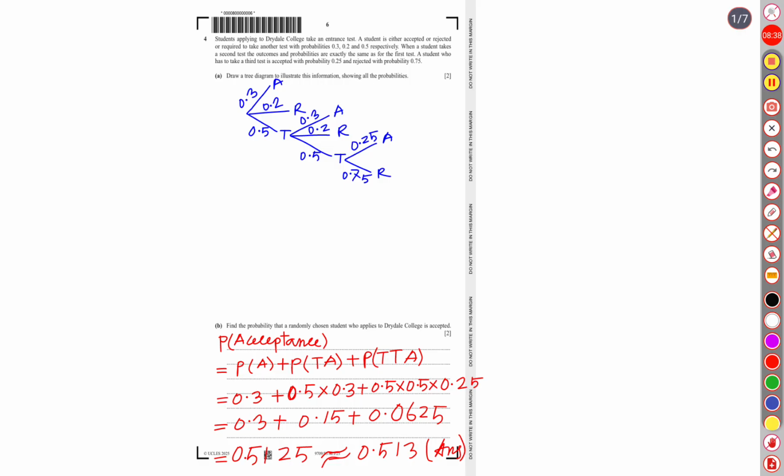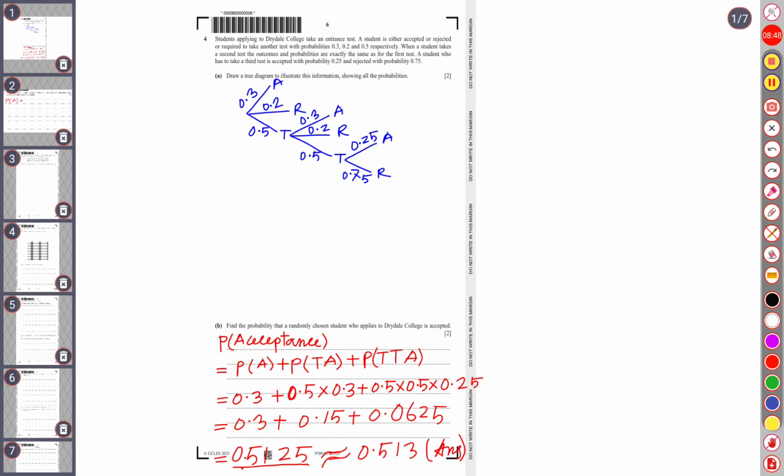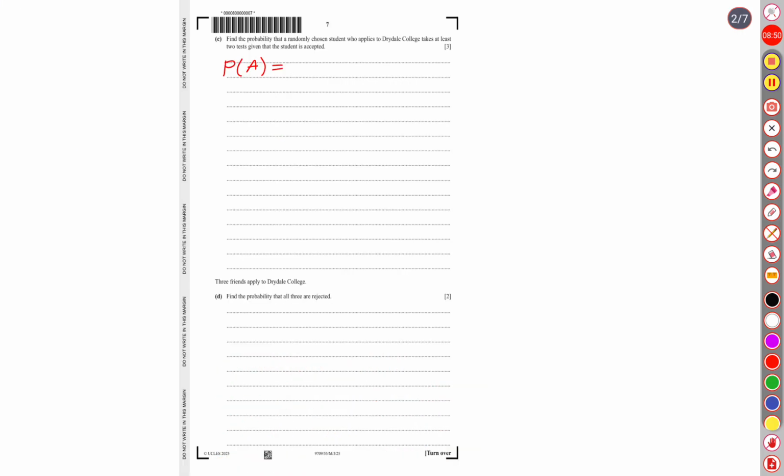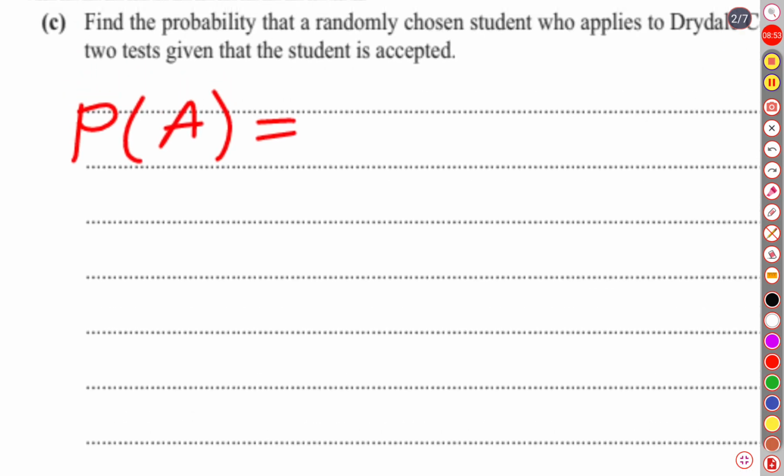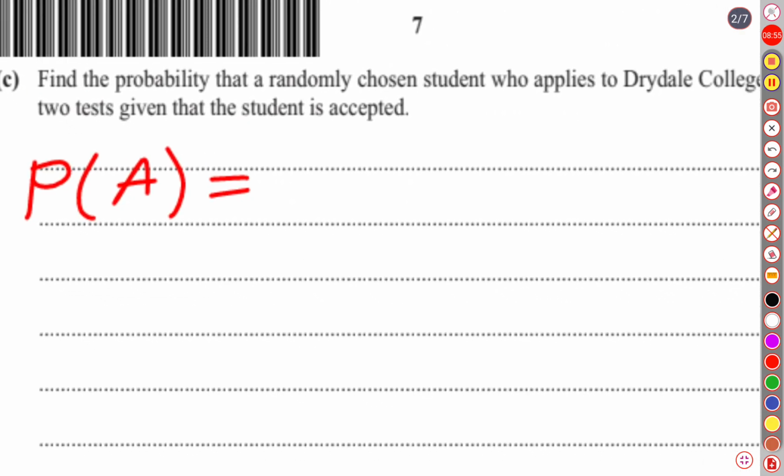How much was it? It is 0.5125. So 0.5125 is the probability of acceptability of a student.